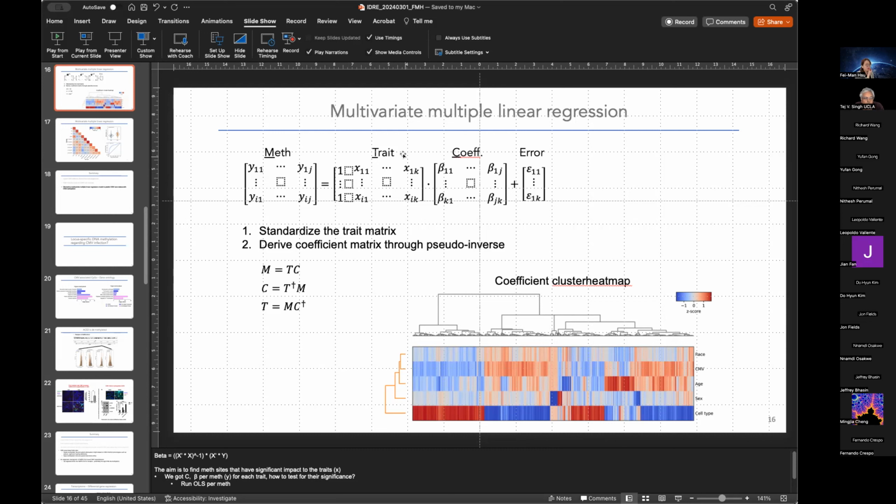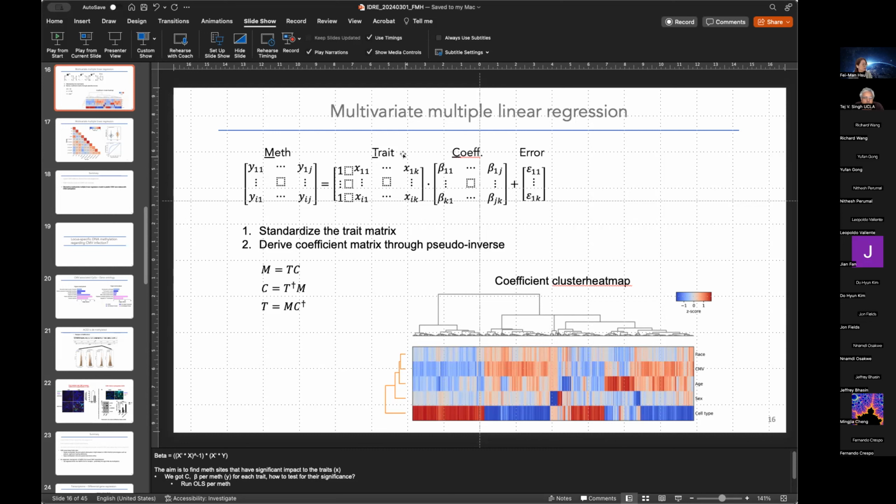Yeah, but I think the traits might also have correlations among them. So it's better we model them at the same time to get the final predictions.